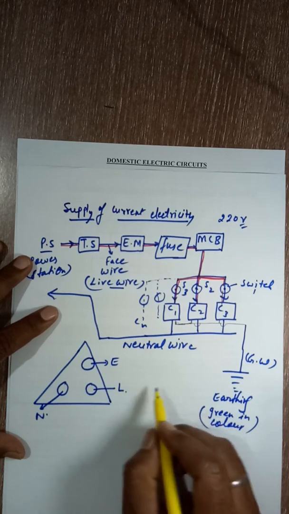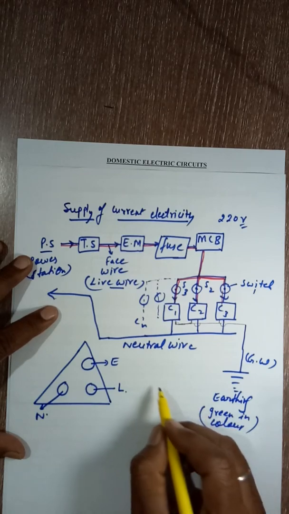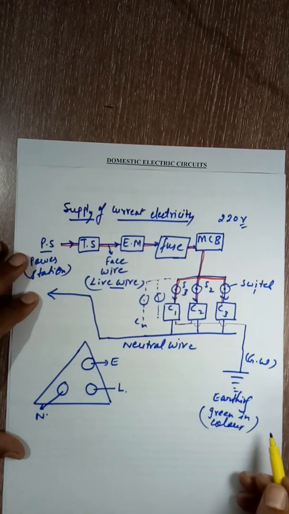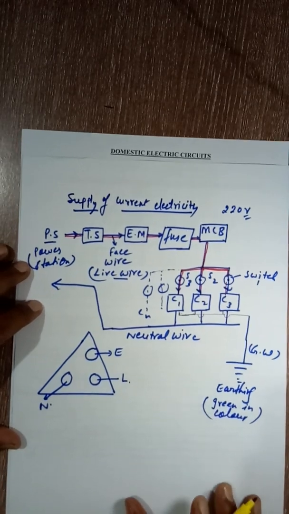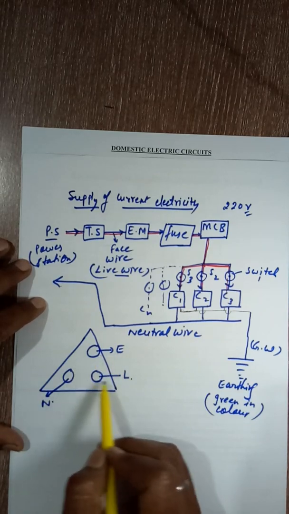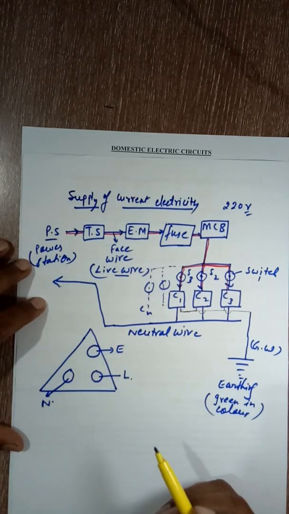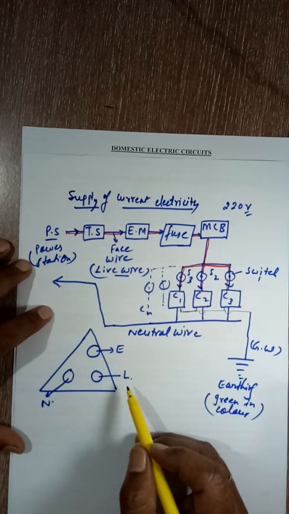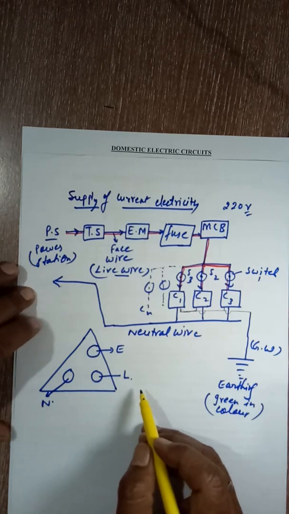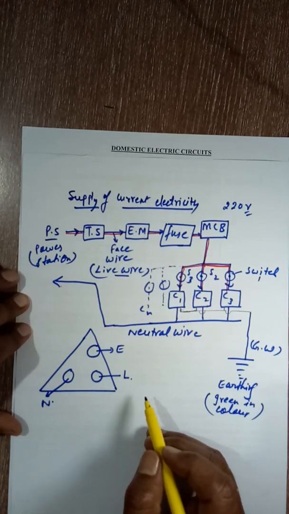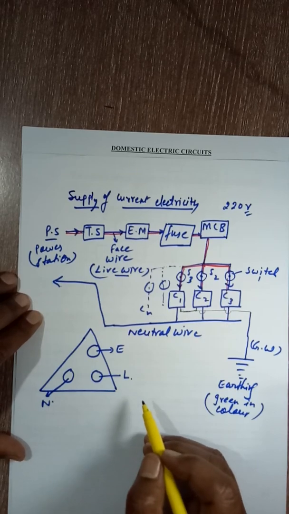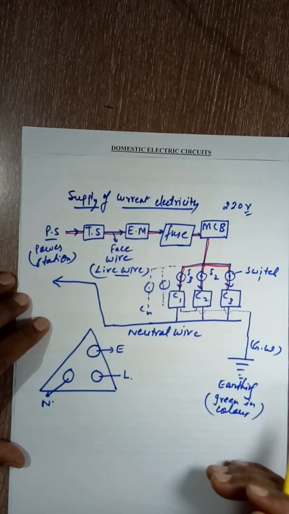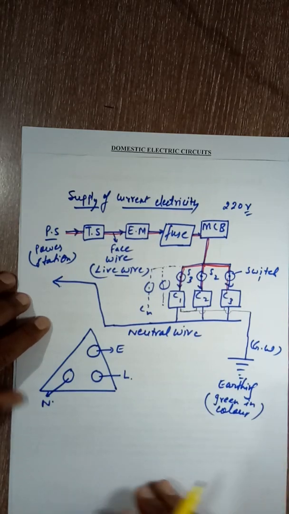Similarly we can have a 2 plug pin socket as well. But I suggest that it always should have earthing along with the 2 plug pins, because earthing is the wire that saves the electrical equipment from being damaged in the event of high electricity or current flowing through the circuit. So this is all about the domestic electric circuit.